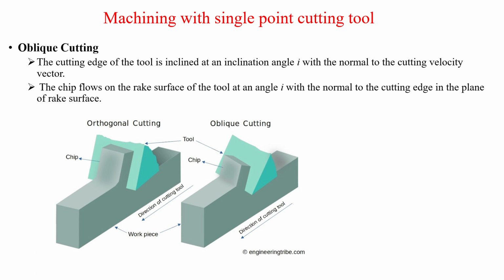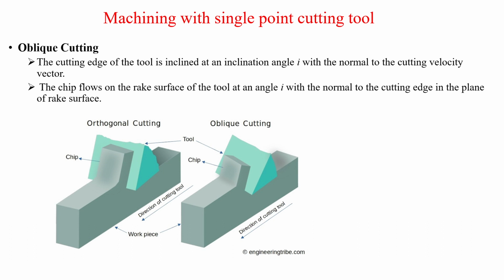Now we will see, because of this oblique cutting, the angles which we have studied, which are the rake angle, the orthogonal rake angle, the normal rake angle. These are actually not the true rake angles, because these are angles on a particular plane. For example, on the orthogonal plane we have the orthogonal rake angle and orthogonal clearance angle.